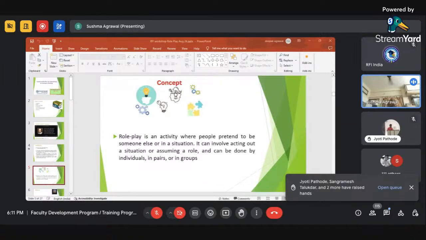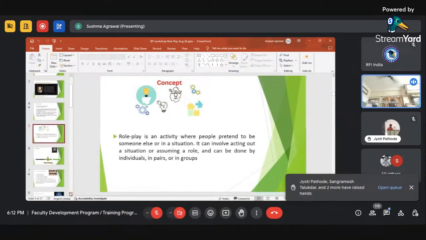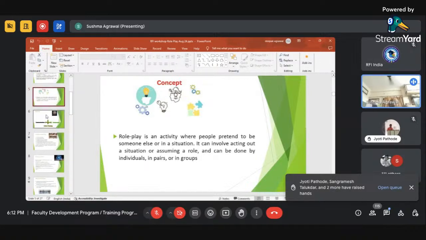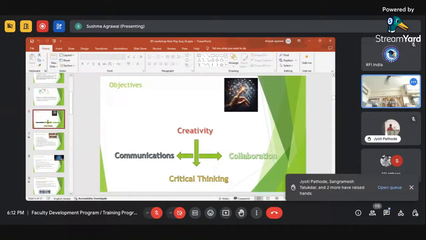So another characteristic of role play is that it can be performed individually, as a pair-based activity, or assigned to certain groups. As per the requirement of our topic, these activities can be defined and further classified according to the students engaged in them.